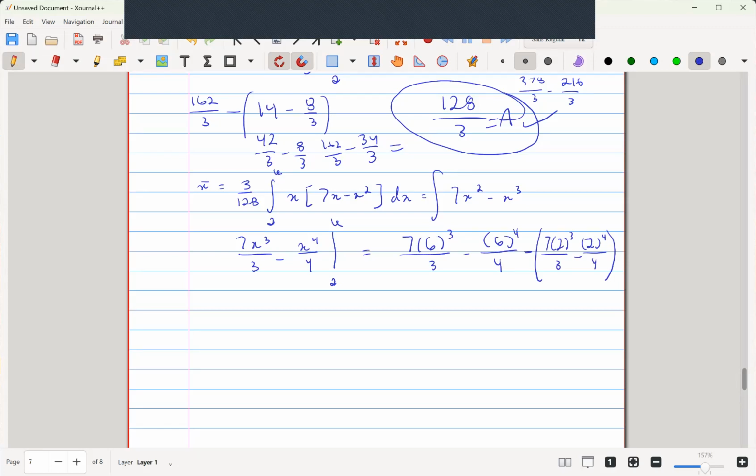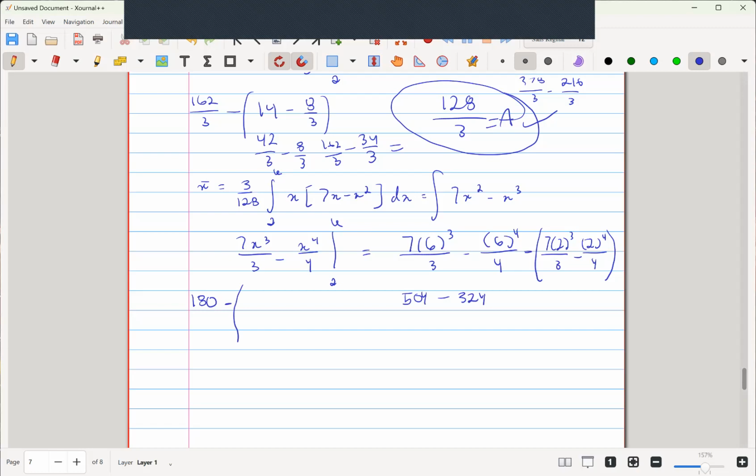This first term is 504 minus 324, which is 180. Minus, it's 8 times 7, 56, over 3.